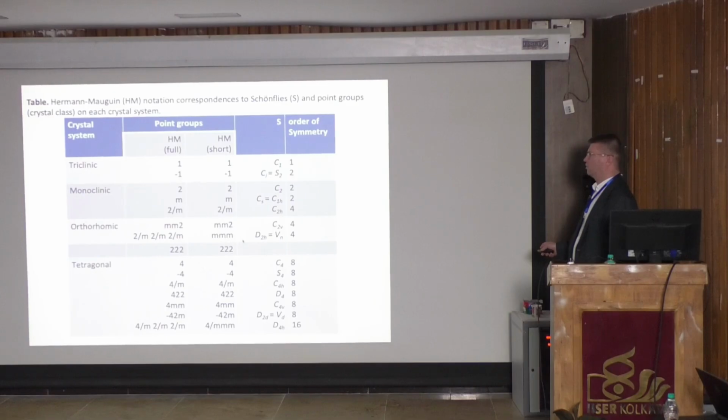Orthorhombic can have 2 mirrors and a rotation, or the highest case is that we can have a rotation and mirror in all the axes, A, B, and C. And then we can also have a rotation, of course, 2, 2, 2, so twofold rotation on each of these axes. So these are the possibilities. But in tetragonal, we have more possibilities.